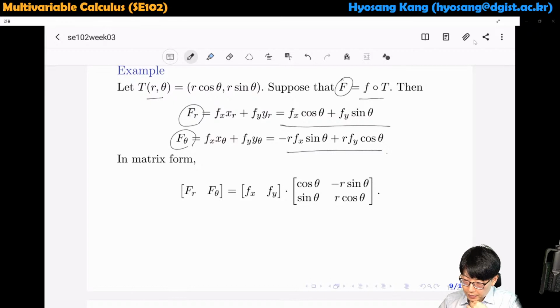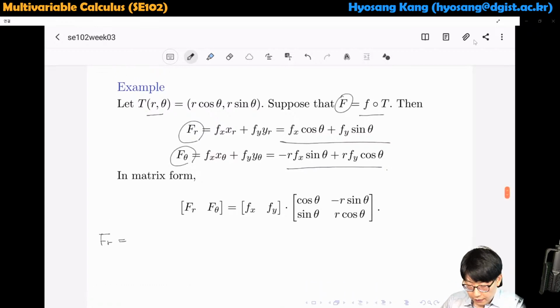So think about your F_r first. By definition, by notation, this is equal to ∂F/∂r. Let's use the standard way of memorizing how to take the partial derivative of a composition. First, you take the partial derivative of the outside function, which is small f, and what comes in the bottom are the intermediate variables.